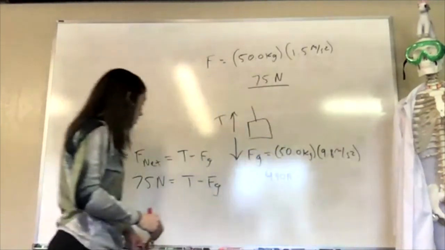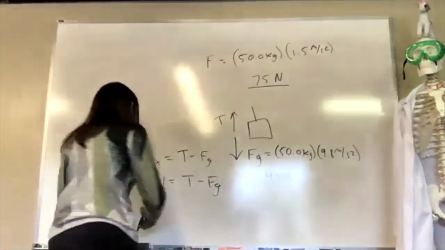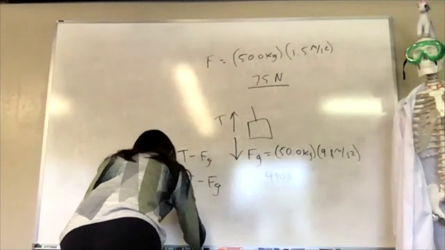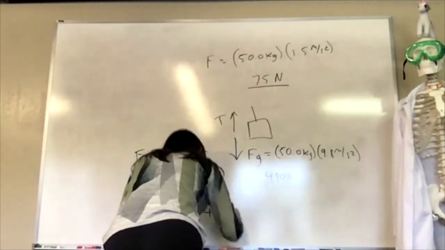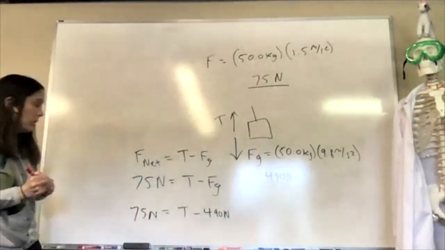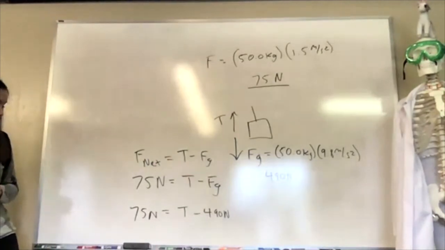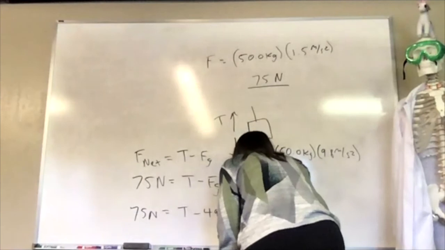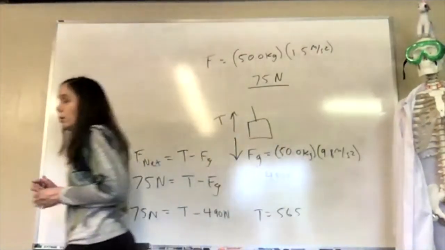That's the weight of the bucket. That goes in for FG. We can now solve for T. Add 490 to both sides, and T equals 565. So the tension is 565.